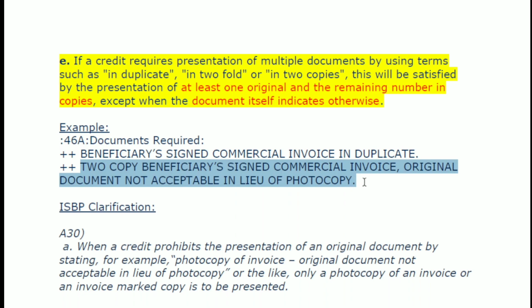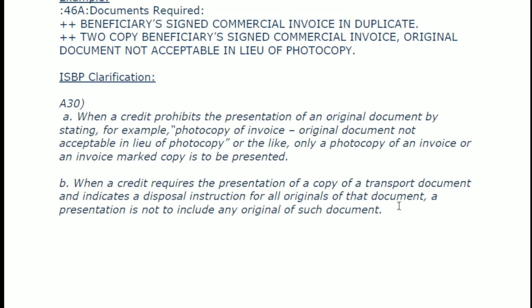Here, the LC called for a two copy beneficiary signed commercial invoice and said written original document not acceptable in lieu of photocopy. This clause has specifically mentioned that presentation of original in lieu of photocopy is prohibited. So here we cannot accept original invoices.